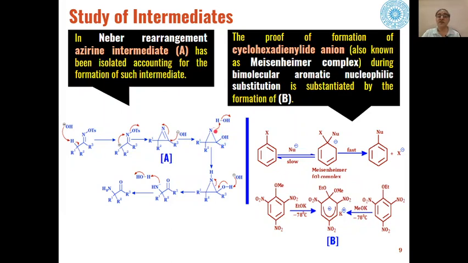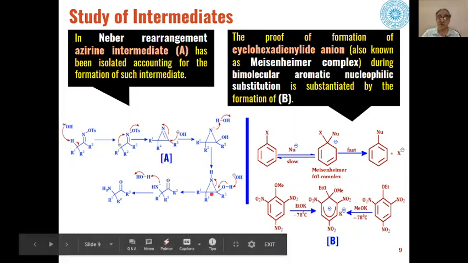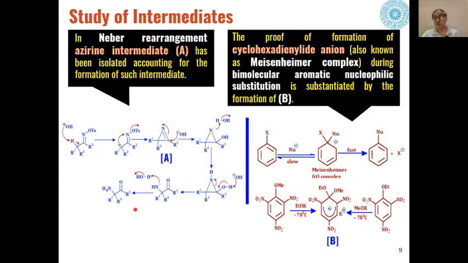Then this nitrogen negative will abstract a proton from water, and we will get these types of intermediates which will undergo elimination of this proton, and a carbon oxygen double bond is generated, and this carbon nitrogen bond breaks to give us these types of products. Beta amino ketones are formed as the product.